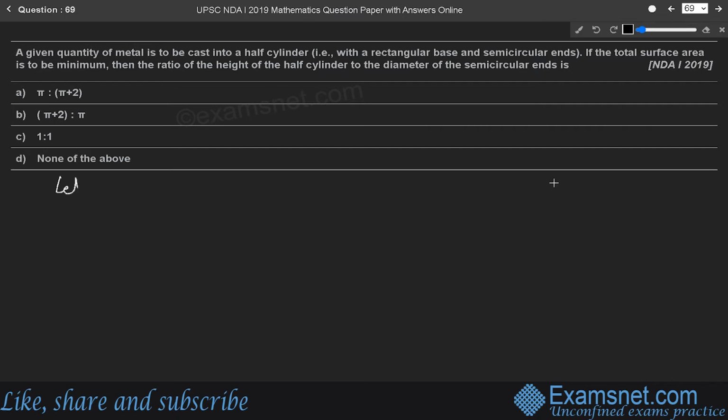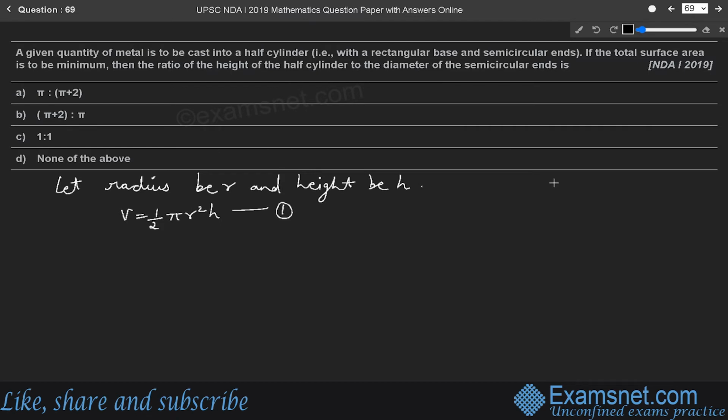Let the radius of cylinder be r and height be h. Then we know that volume of cylinder is equal to 1 by 2 pi r square h. Let this be equation number 1.